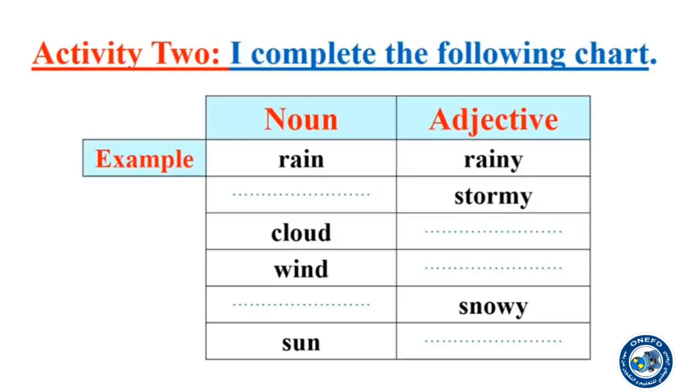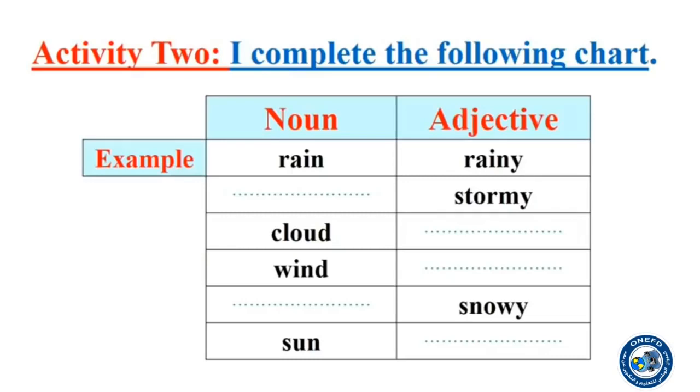Rain is a noun. Rainy is the adjective. So we are going to complete this chart with the right form, either a noun or adjective. We have stormy, we have a cloud, we have wind, we have snowy, and we have sun.